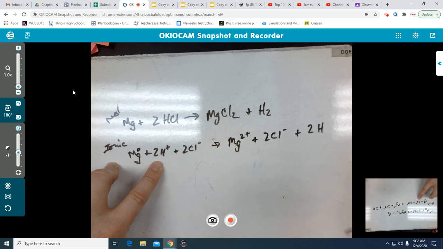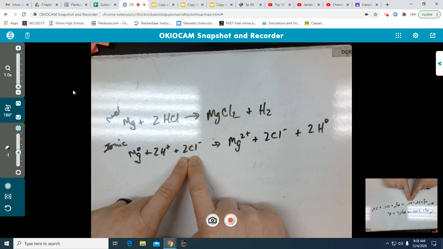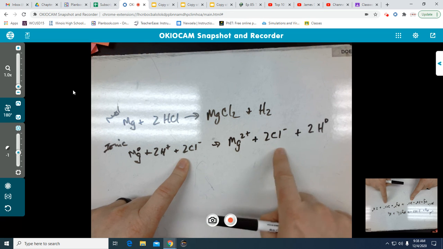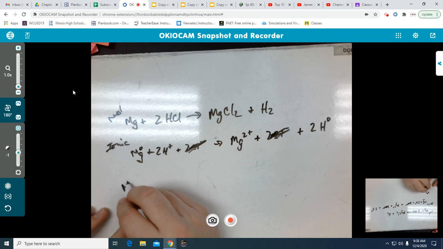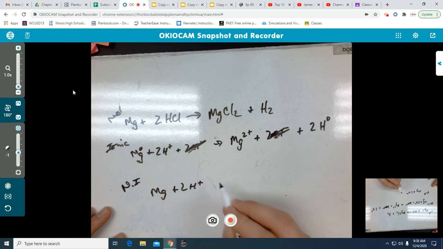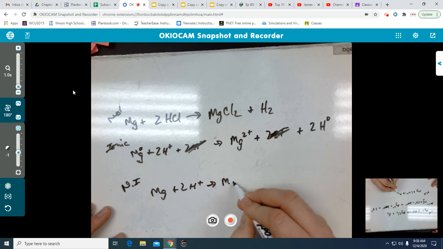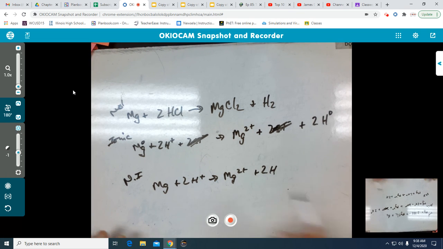Hydrogen goes from a + to a 0 because H2 is its natural state. The chloride ions, 2Cl-, are the same on both the left and right, so that's our spectator ion. Our net ionic equation is Mg plus 2H+ yields Mg2+ plus H2.